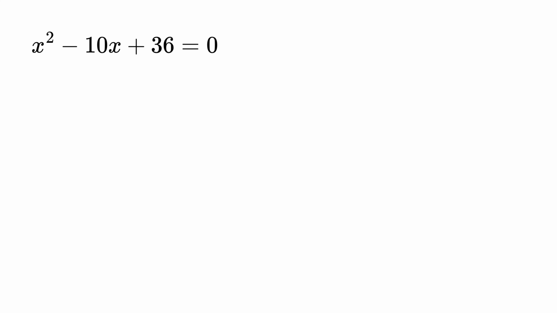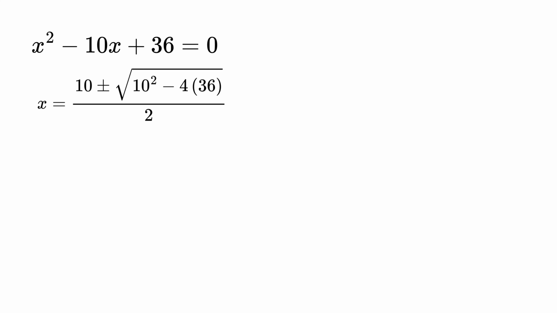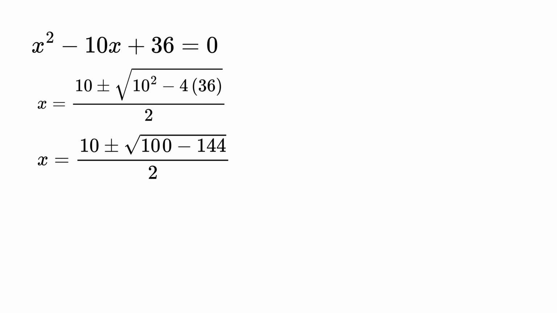We use the quadratic formula. x equals 10 plus or minus the square root of 10 squared minus 4 times 36, all divided by 2. Then x equals 10 plus or minus the square root of, this 10 squared becomes 100, minus 144, divided by 2. By simplification, it equals 10 plus or minus the square root of minus 44.